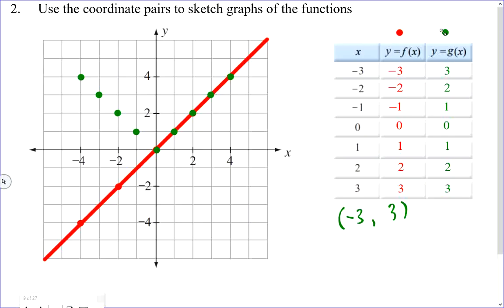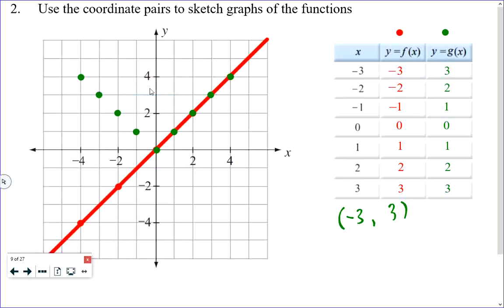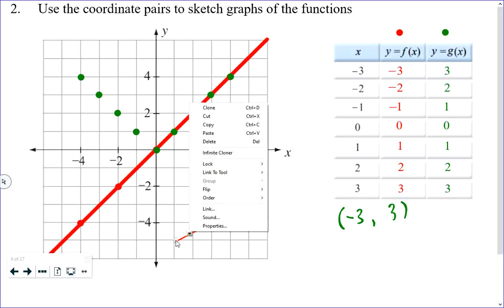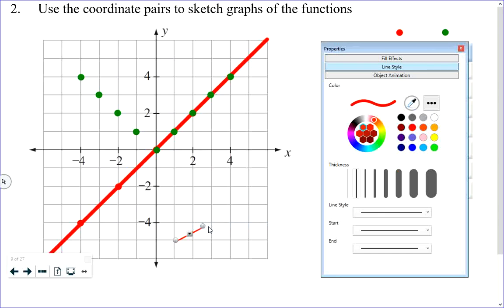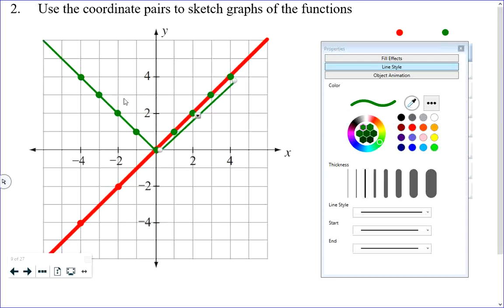So if I were to sketch this graph now, it would look like this.